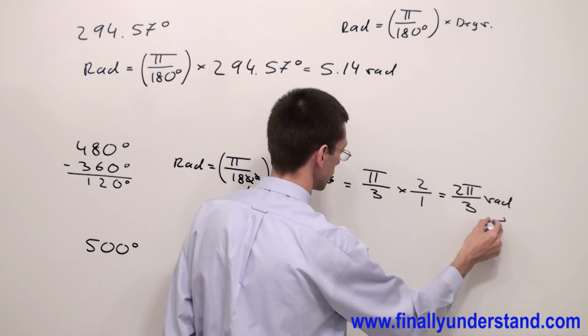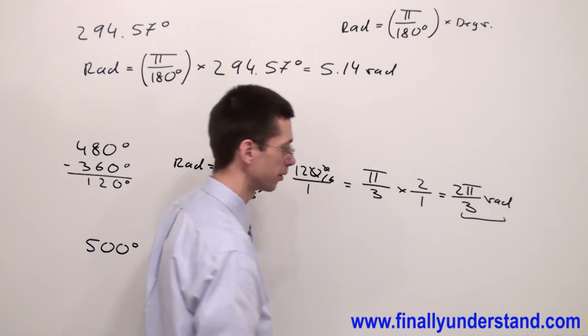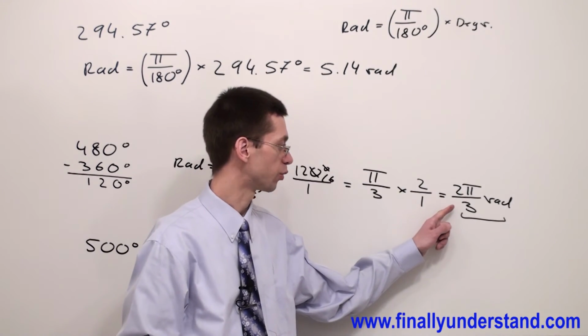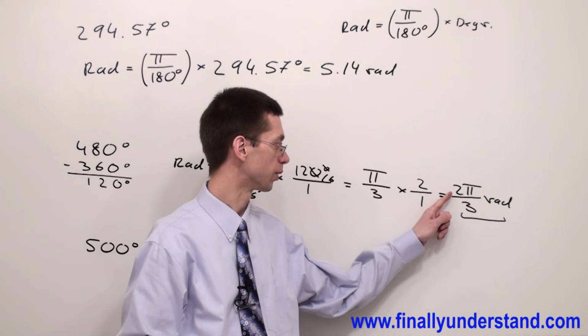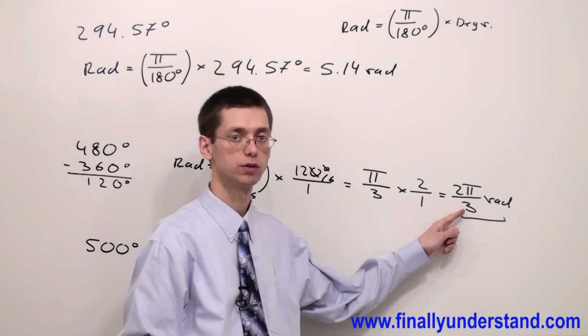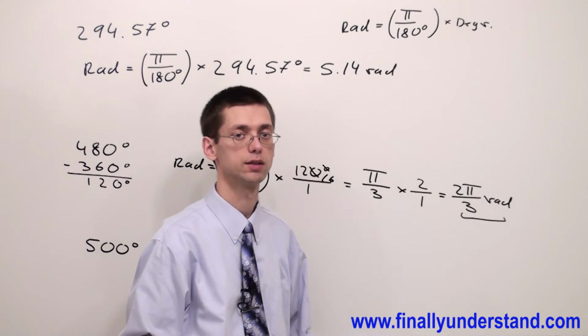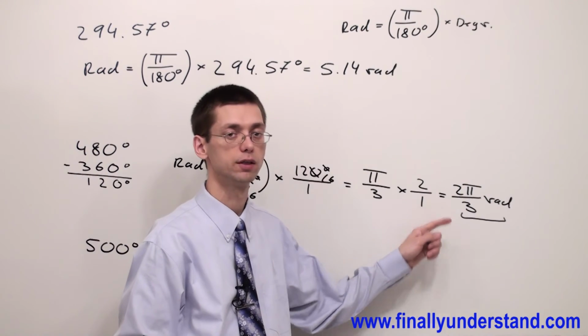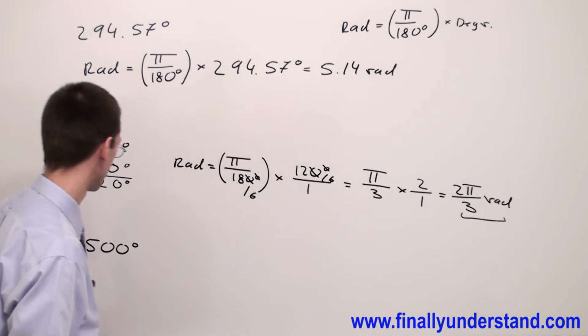This is the solution to my problem expressed in terms of a fraction. If you want to express it in decimal form, simply multiply 2 times pi divided by 3 on your calculator and you will get the decimal answer. At this moment, I'm going to leave the answer in terms of a fraction.